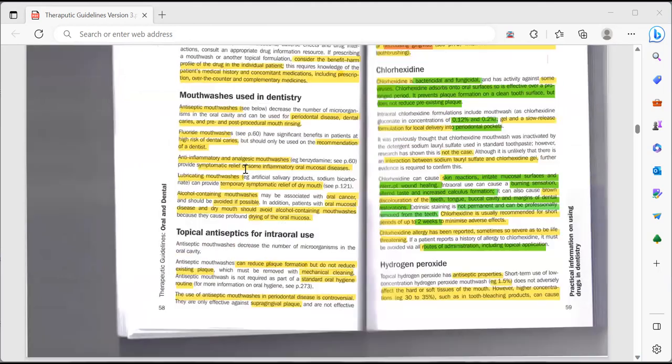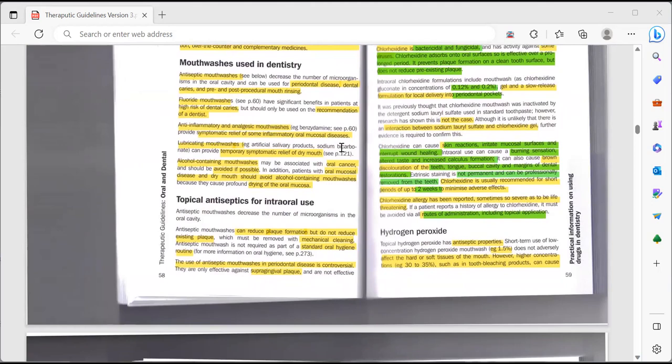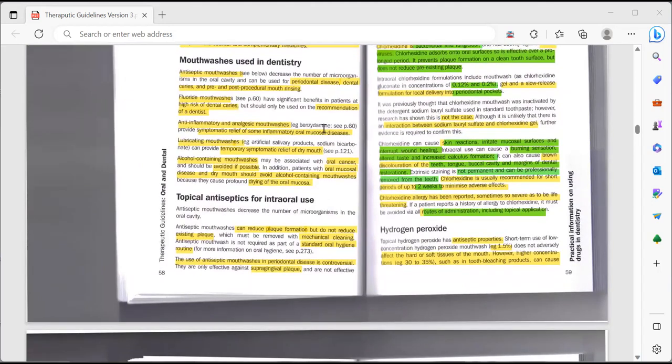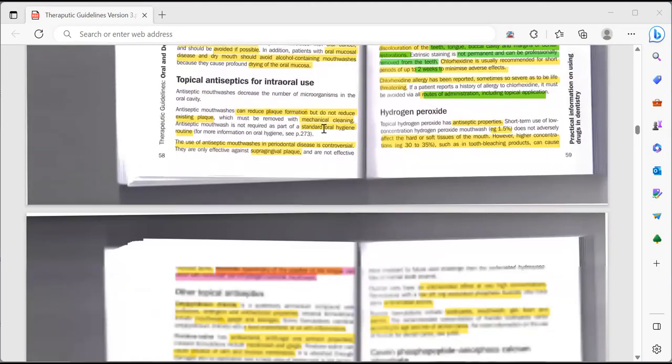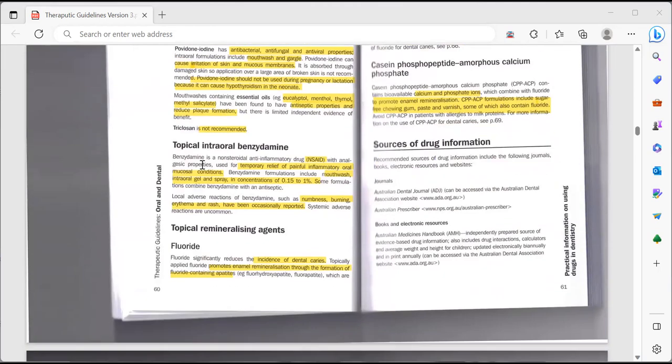Okay. Then anti-inflammatory and analgesic mouthwashes, which is benzydamine. It provides symptomatic relief of some inflammatory oral mucosal diseases. So it is an anti-inflammatory mouthwash. This we generally prescribe in oral mucosal lesions whenever the patient complains of pain, because it is a type of NSAID drug, so it would help in relieving the pain.